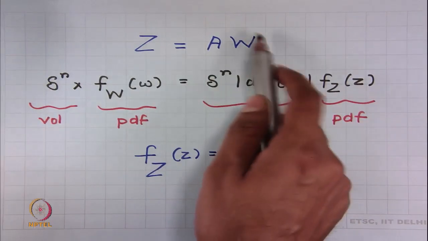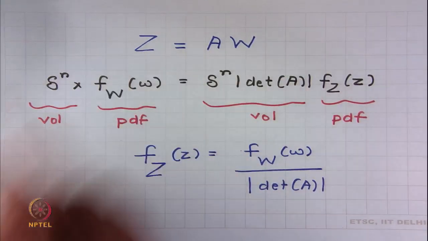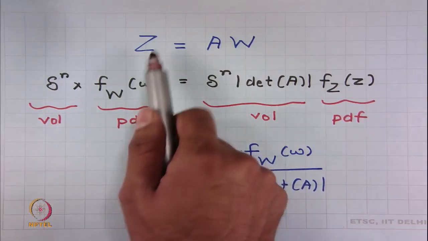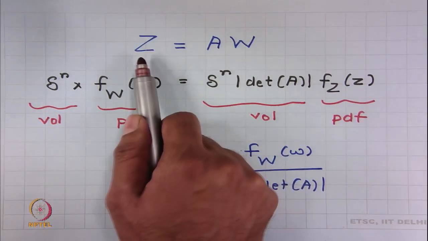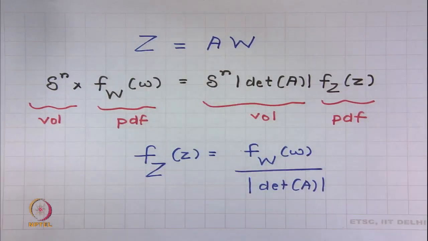Thus, the probability of finding a point in W space would be the same as the probability with which you will find the point in the Z space, where the points are the map of the points of the W space. This we have seen in the last lecture in a lot of detail.